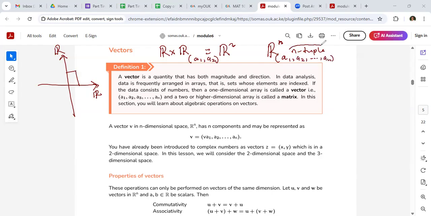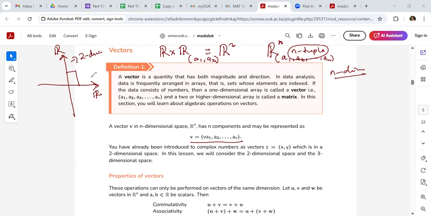So you have an n-tuple as a representation. For ease of understanding, you consider the two-dimensional, but you can generalize now to the n-dimensional space, whereby the vector is the n-tuple, an ordering of n elements. But for the Cartesian plane, you're ordering two elements.